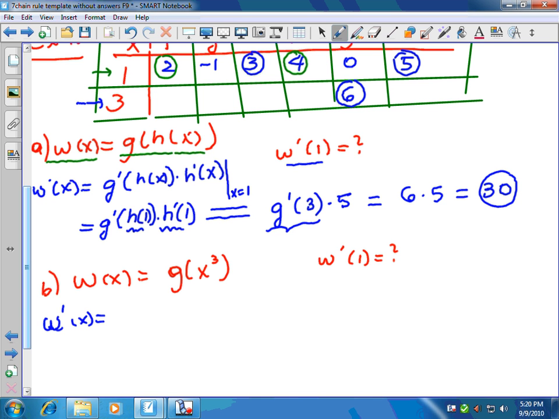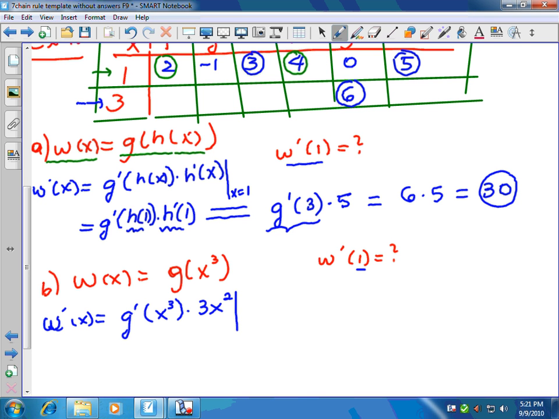So now my outside function is g, and my inside function is x cubed. So by the chain rule, the derivative equals: differentiate the outside function, leaving the inside the same, and then multiply it by the derivative of the inside. And we want to do this at the point 1.